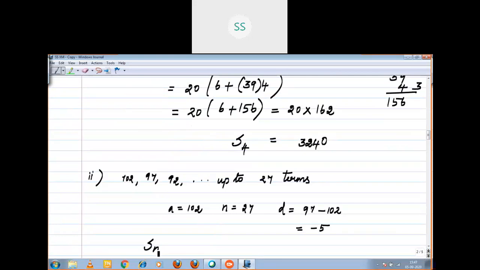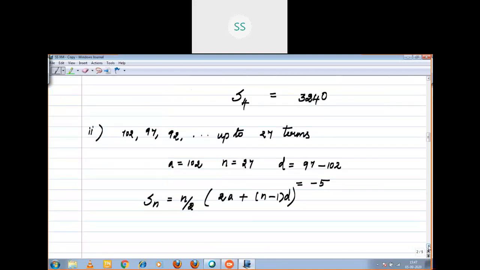Sn equal to n by 2 into 2a plus n minus 1 into d. On and off, you have to recall the formula and write the formula, right? That is important.